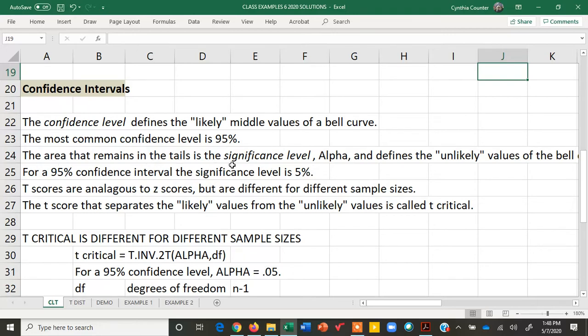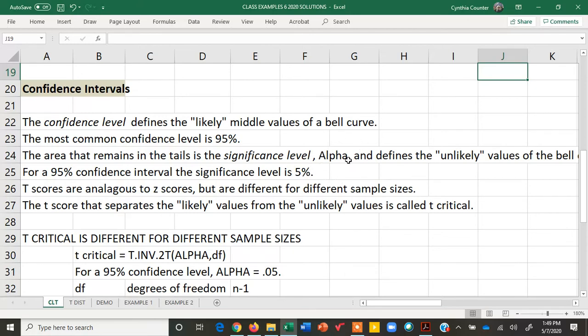And then the area that remains in the tails, after defining the middle 95%, the outer 5% divided equally into each tail is called the significance level. So the tails then are the unlikely values. So alpha, which is what we use to call the significance level, has the symbol of the lowercase Greek letter alpha.